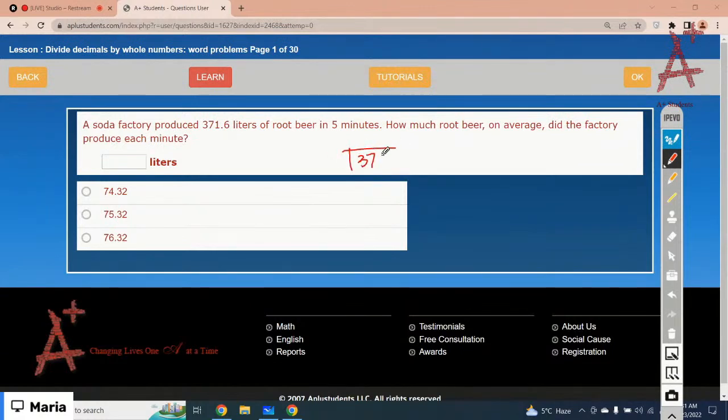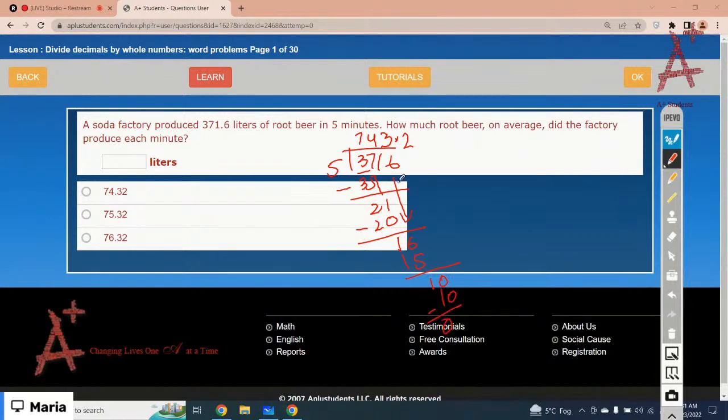Just divide like we divide the decimals. 5 times 7 is 35. 37 subtract 35 is 2. Bring the next digit down. 5 times 4 is 20. 21 subtract 20 is 1. And bring the next digit down. It would be 5 times 3 is 15. Got it? So we have to divide until we get a 0. So just put a decimal point and a 0. 5 times 2 is 10.